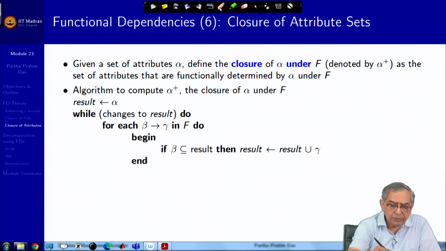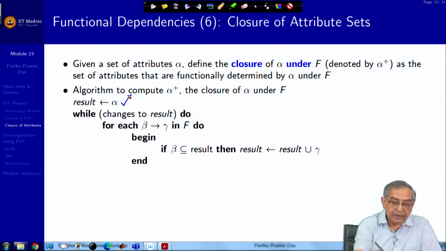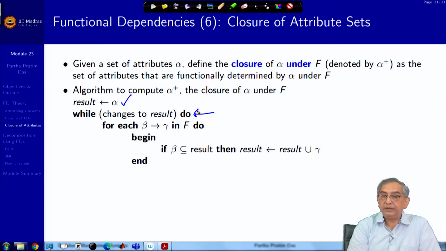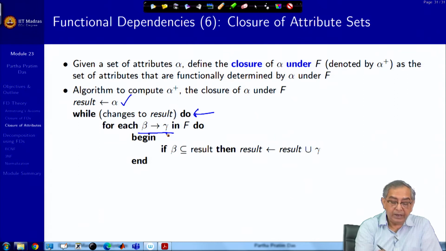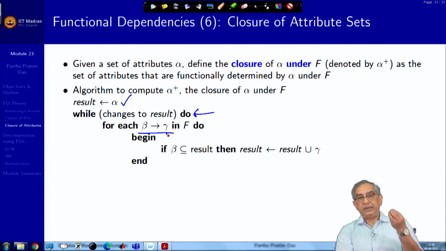The way to compute that would be trivial. You initialize the result with the set alpha, because obviously alpha will be a subset of alpha plus, and then track if your result is changing. So, if we have beta determining gamma in F, and beta is already included in the result, that means alpha determines this set of attributes.